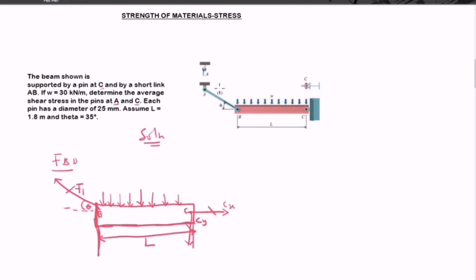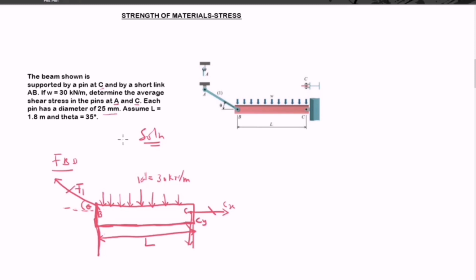Now, they gave us W, so let's indicate it here. If W is 30 kilonewton per meter, determine the average shear stress in the pins at A and C. Each pin has a diameter of 25 millimeters.